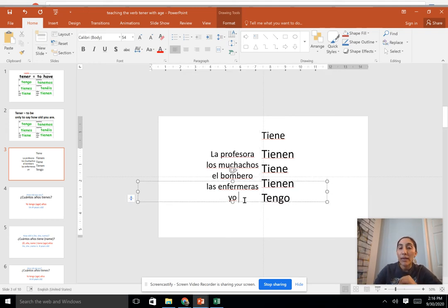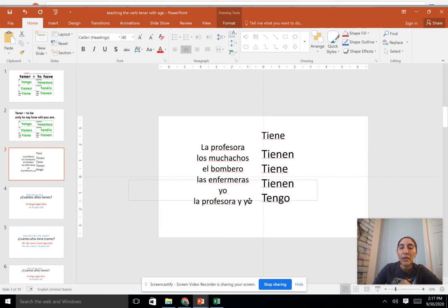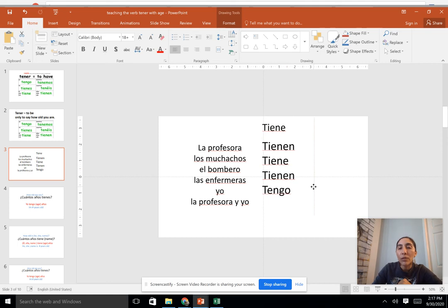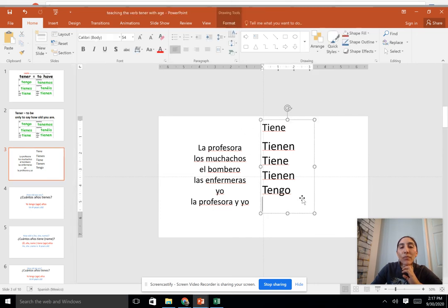Now what if I make it a little more complicated here. La profesora y yo. What would you say if I have that subject? Well, when you mix yo with somebody else, that equals nosotros. So that means that we are going to use tenemos. So that's how we conjugate the verb tener.